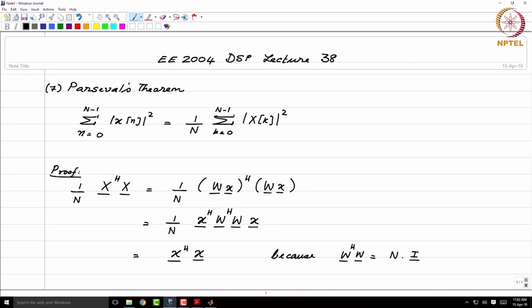Remember, W is the DFT matrix, and it is made up of columns which have the form e to the j 2 pi k n by N, and these vectors are orthogonal.